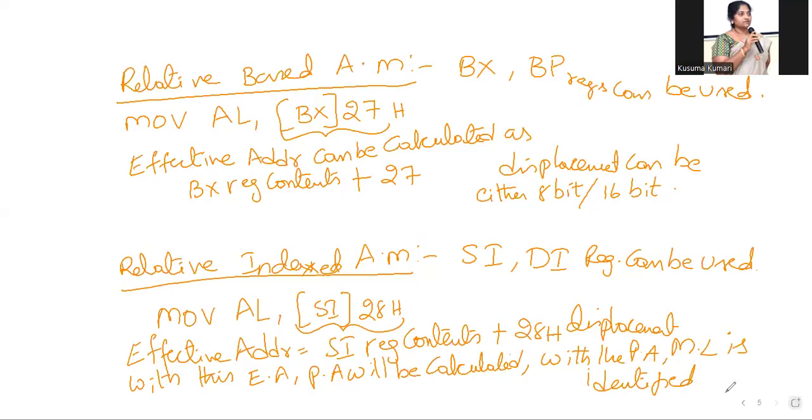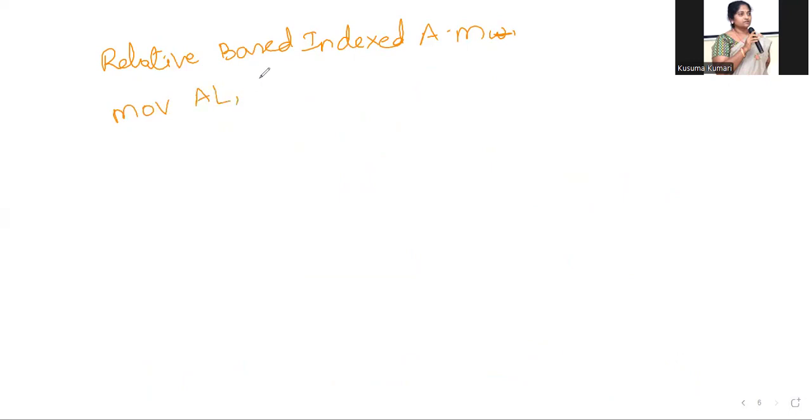Next one is the relative based indexed addressing mode. That is MOV AL, BX SI 28 hexa. Now this is the instruction format. In this instruction, this is the effective address.